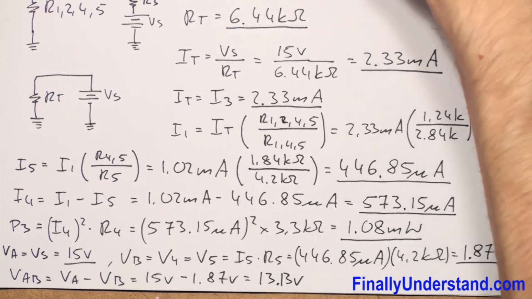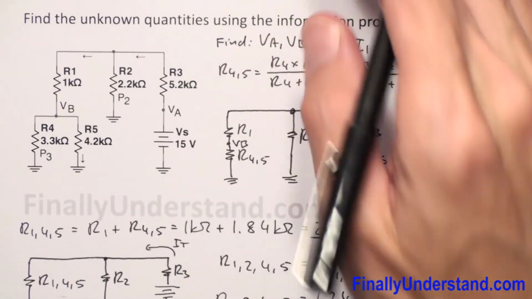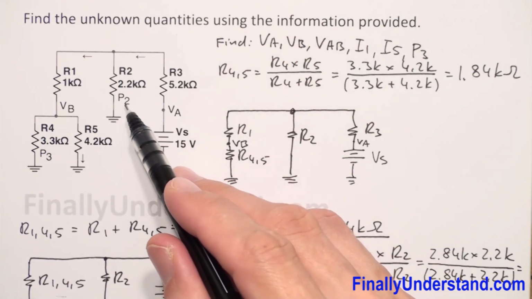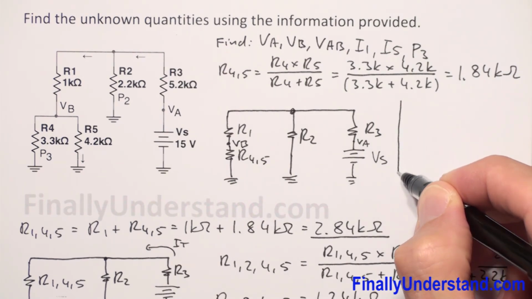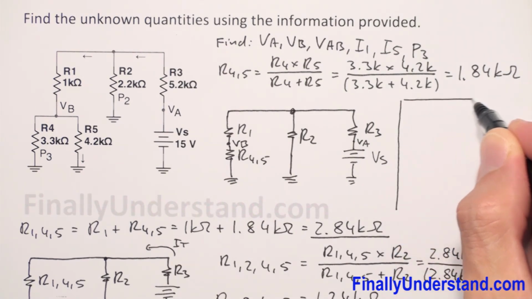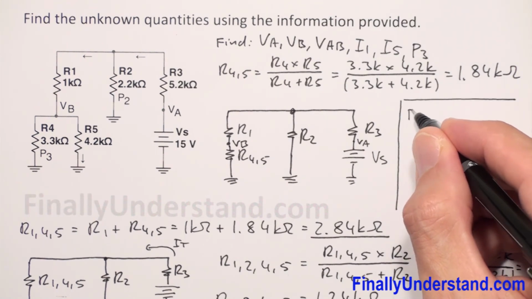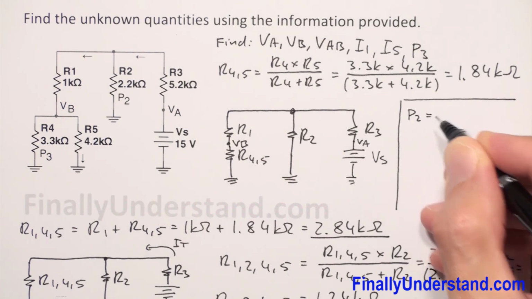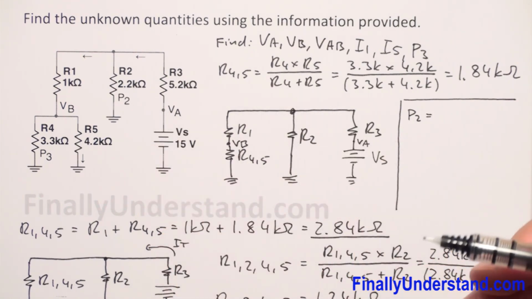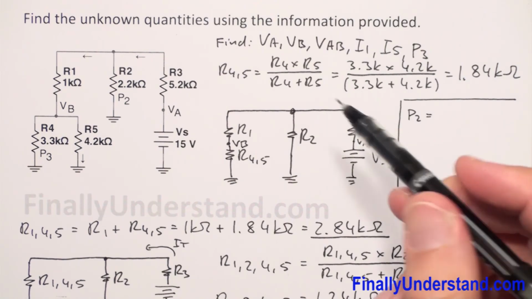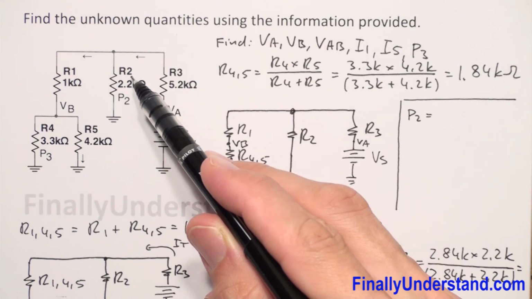We're supposed to find also power P2. I forgot about it, so we have to find power P2, and let me show you how to do it over here. P2, the power at resistor R2, I'm going to simply find by finding the current which goes through resistor R2.